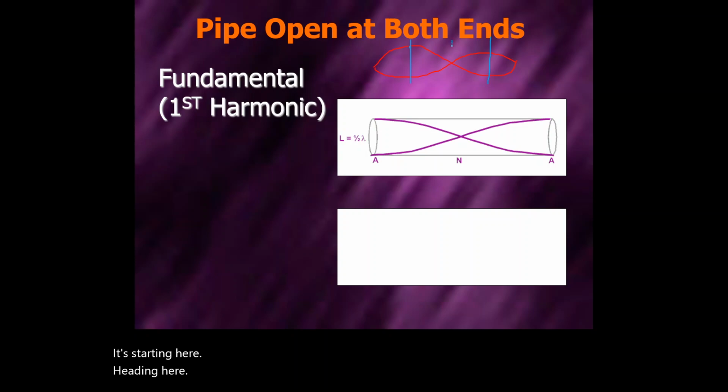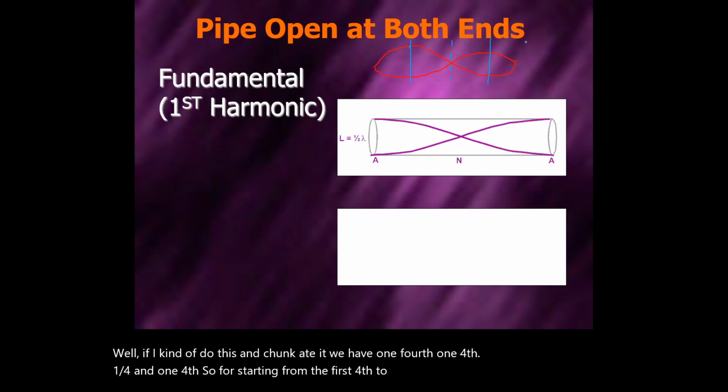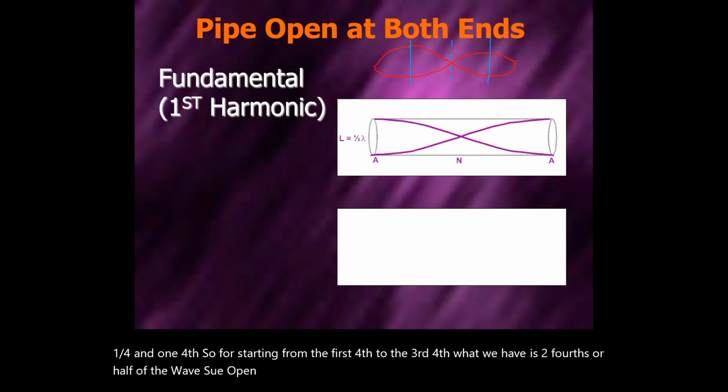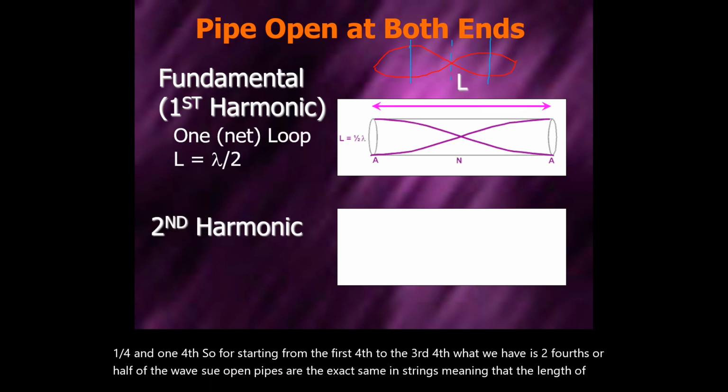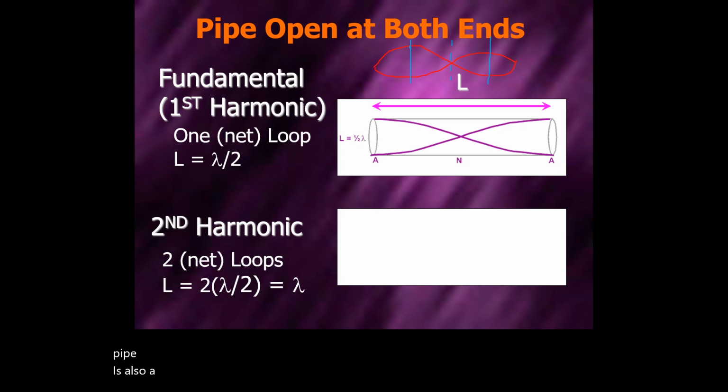If I truncate it, we have 1/4, 1/4, 1/4, and 1/4. So if we're starting from the first fourth to the third fourth, what we have is 2/4, or half of the wave. So open pipes are the exact same as strings, meaning that the length of that pipe is also lambda over 2.